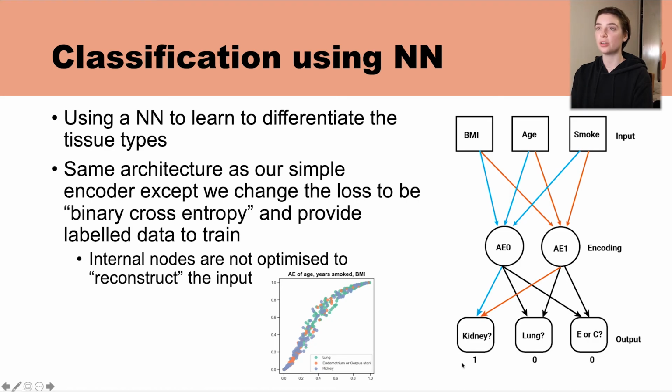I've one-hot encoded my data, which means that I have 3 outputs, one corresponding to kidney, where I'll be getting a 1 if it's kidney, or 0, so I shift my data through a sigmoid. Similarly for lung and endometrium. So the internal nodes, just to keep a thought out here, while I've got the same internal nodes and I can look at them just the same as I can look at them in the autoencoder example, they're not being optimized to reconstruct the input.